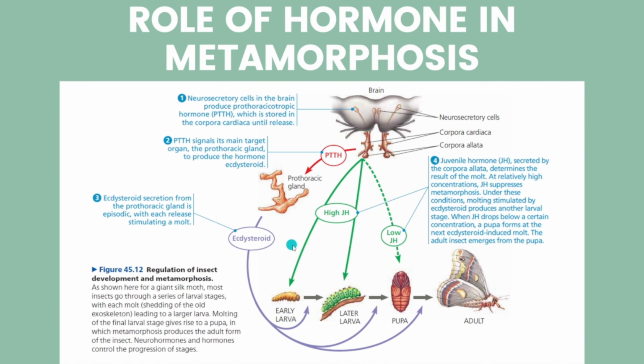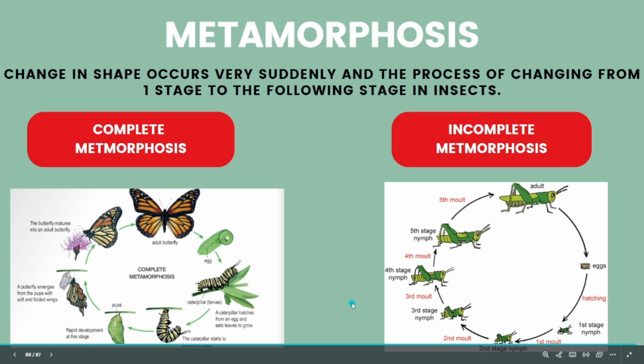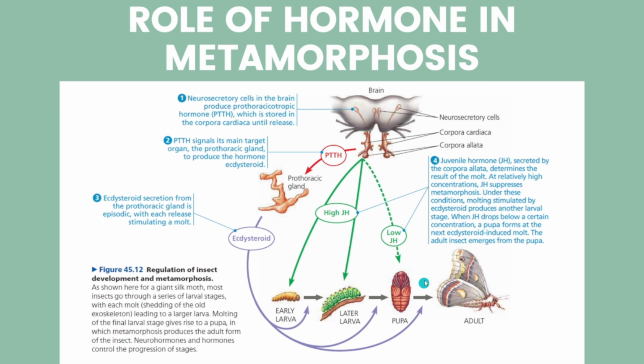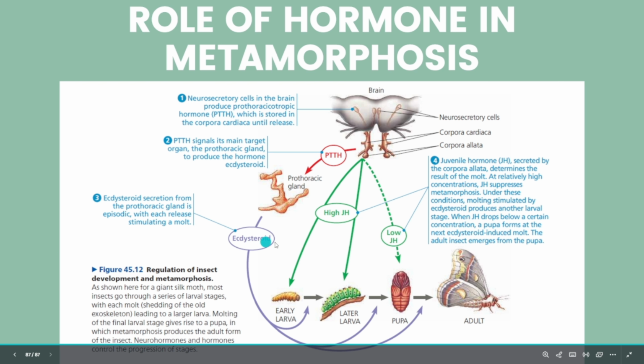So what do these two hormones do? Ecdysone triggers the ecdysis process, the molting process, and development of adult characteristics. This means that when this hormone is present, it causes the insect to undergo the metamorphosis process and change from one stage toward adult characteristics. If in the larva stage, this hormone will change the larva into the pupa stage, and then the pupa into the adult stage.